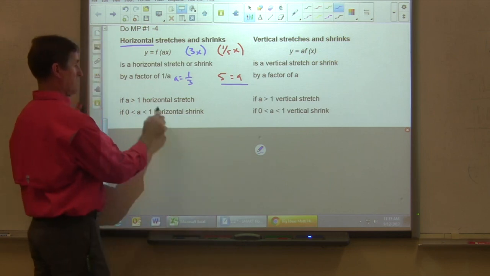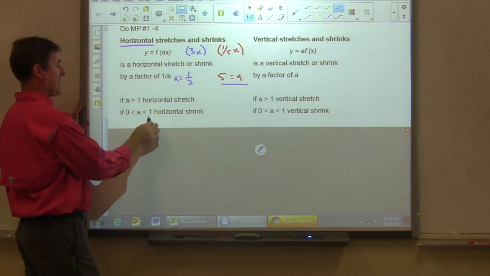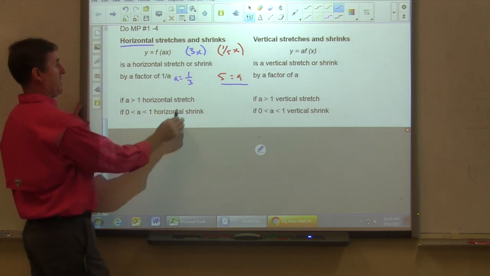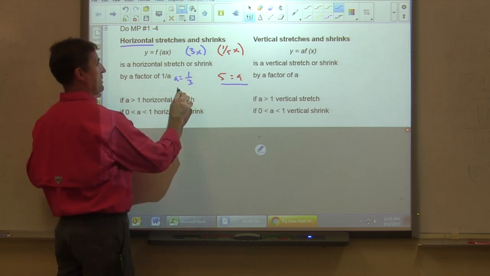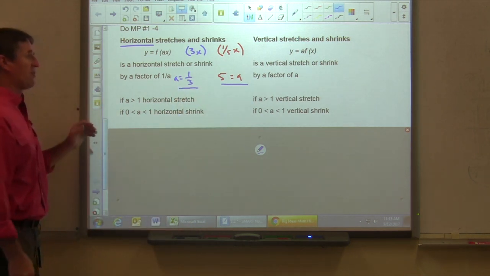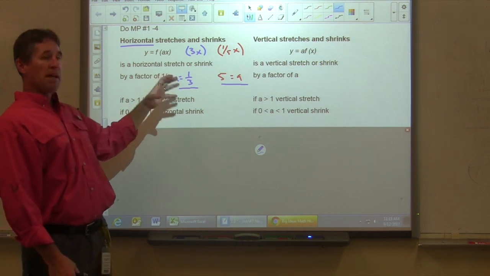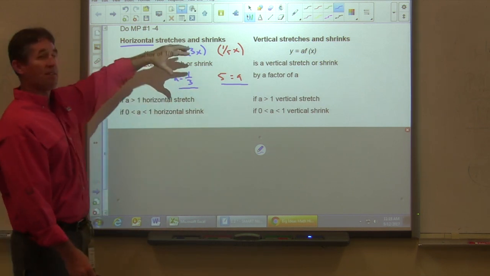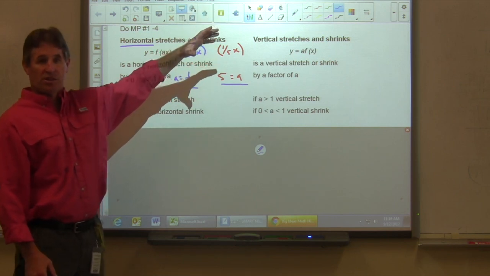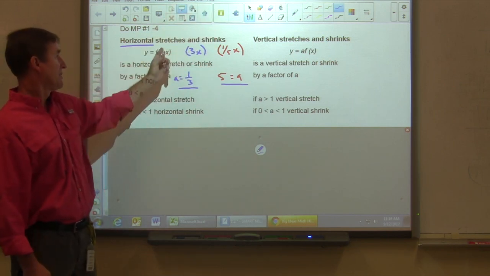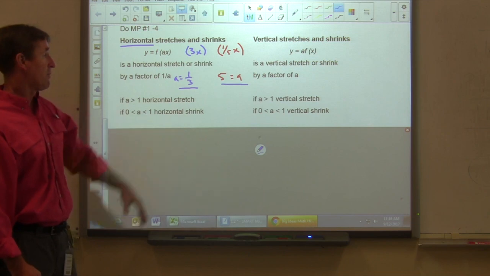Okay? And because a is between 0 and 1, it's a horizontal shrink, and so this would be a horizontal shrink of a factor of 1/3. Now, we don't worry about the negative sign, because remember the negative sign is the reflections. So it's just the absolute value of a that we care about.